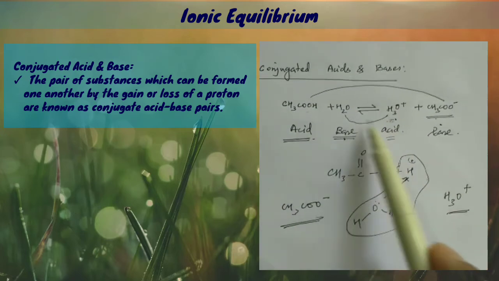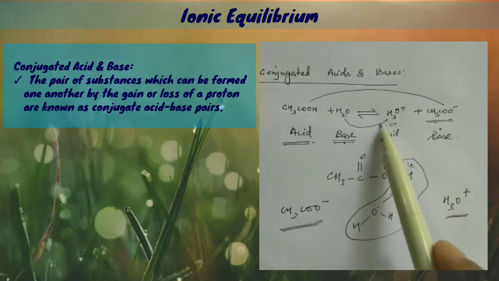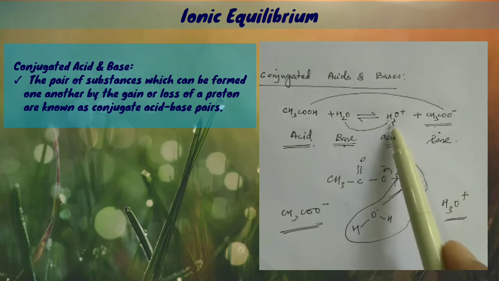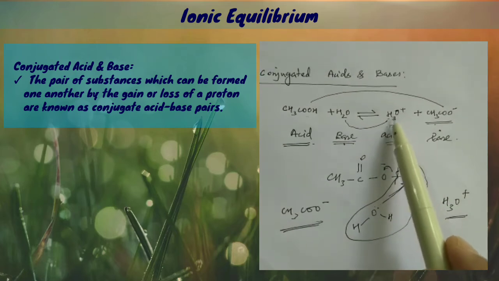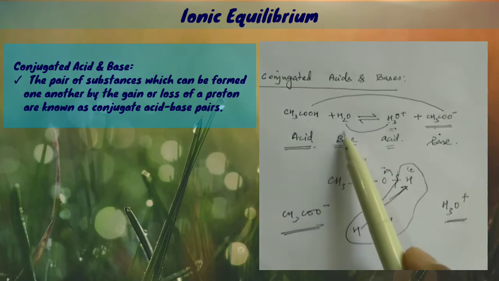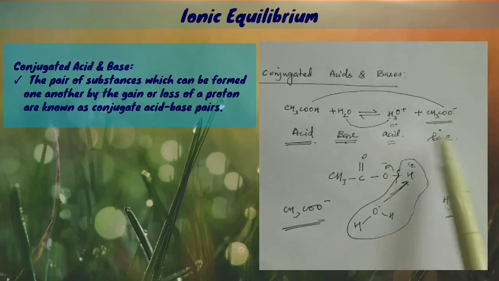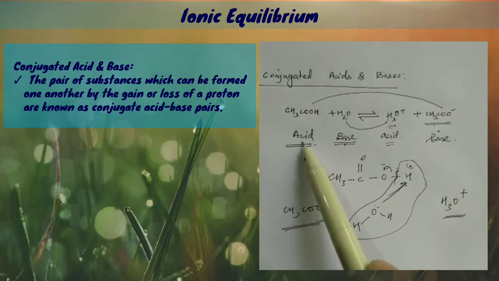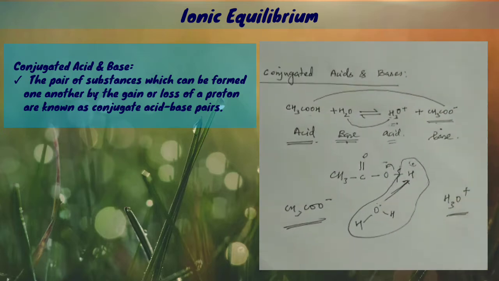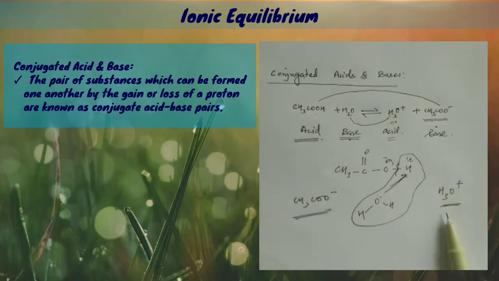Similarly, if this water accepts an H positive ion, it will form its conjugate acid, and if that acid donates an H positive ion, it will form its conjugate base, okay. Understand? So this base is the conjugate base of this acid, or this acid is the conjugate acid of this base. You can say anything like that. I hope you understand this concept.